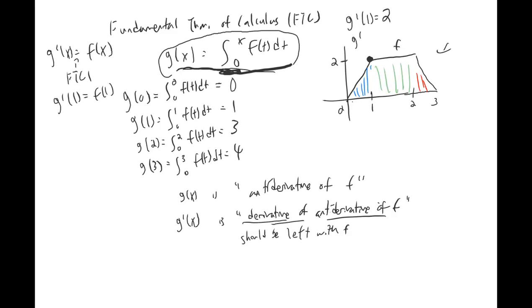Similarly, G prime of 3 is 0. Now this should be parenthesis. So if I ask you G prime of 1.5, why is it wrong if someone says this is 0 because this is slope 0? Because the derivative is slope, and the slope here is clearly 0, it's a horizontal line.